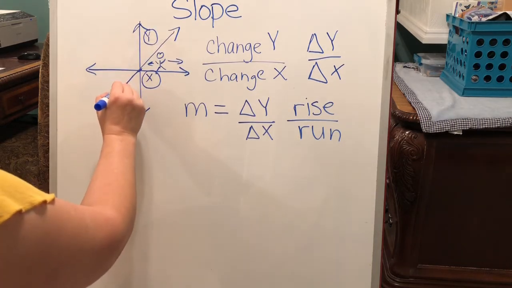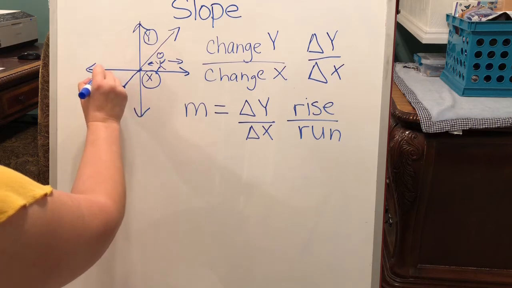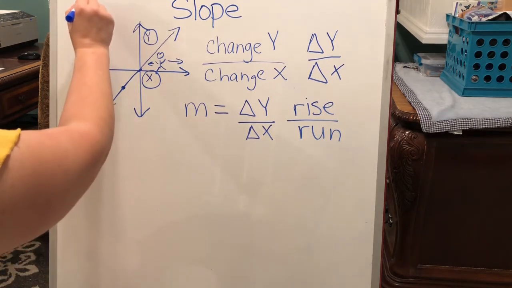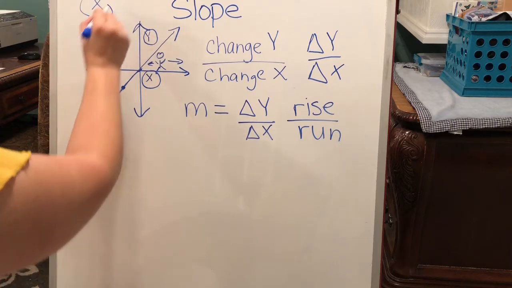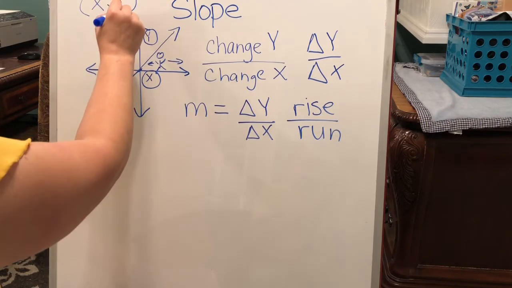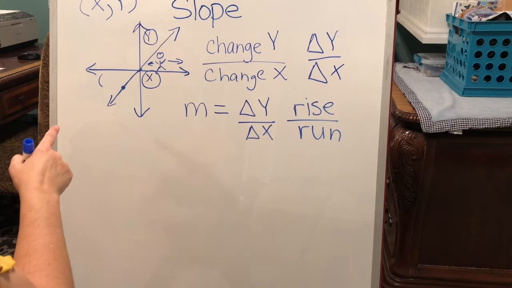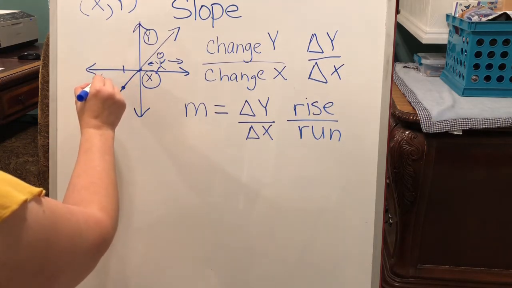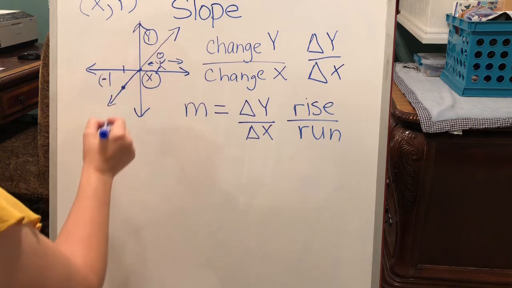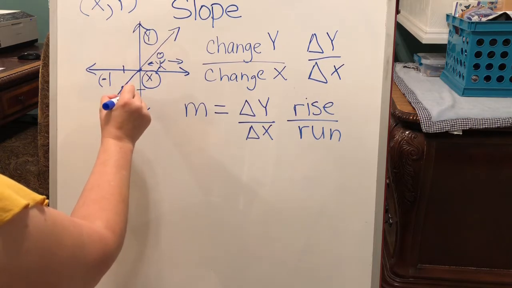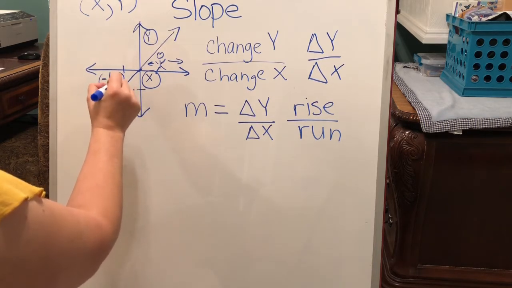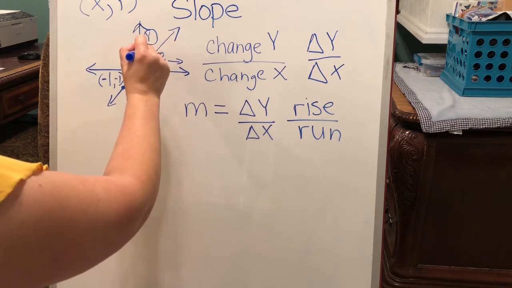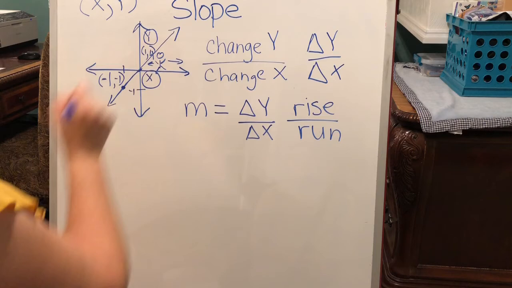Now you also have to remember that when we write a point, we write the x first and then the y. So the first number is going to coordinate with my x-axis. So I'm going to say my point goes through -1, -1.